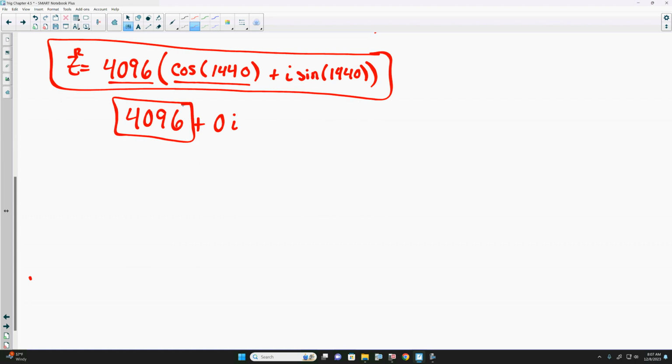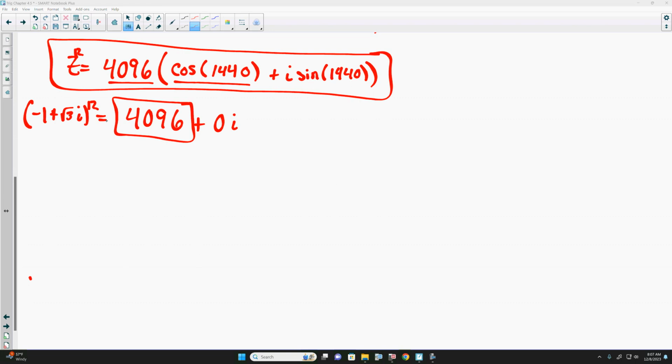Which is, for lack of a better term, kind of infuriating that -1 plus the square root of 3i to the 12th, multiplying that by itself 12 times, is a single number.